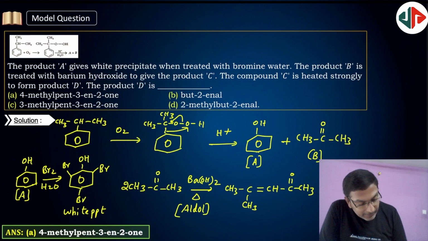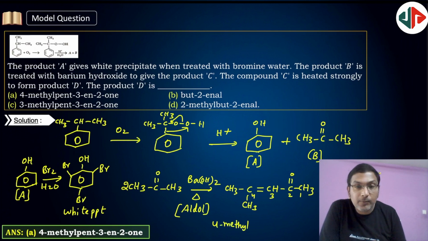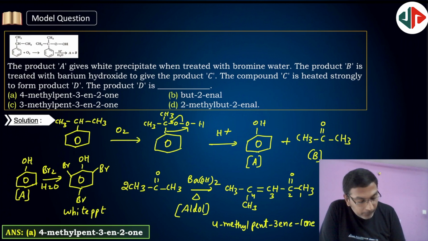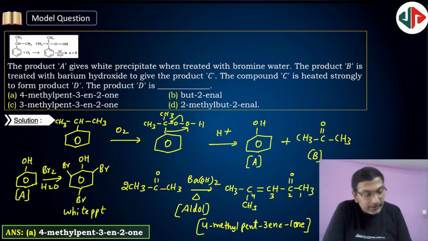For the name of this compound, number the carbons 1, 2, 3 and 4. So 4-methylpent-3-en-1-one? IUPAC name, very important.